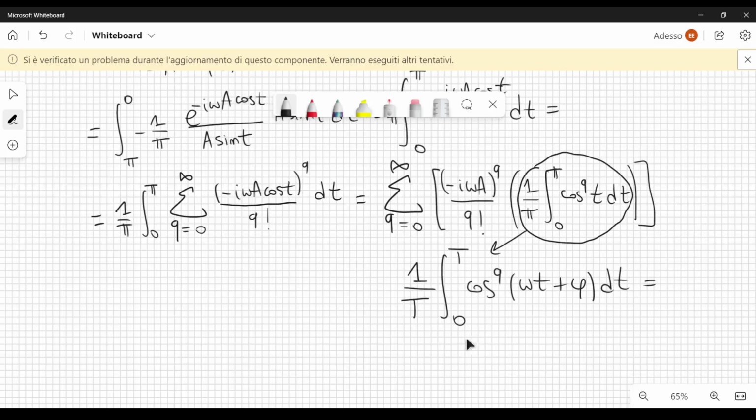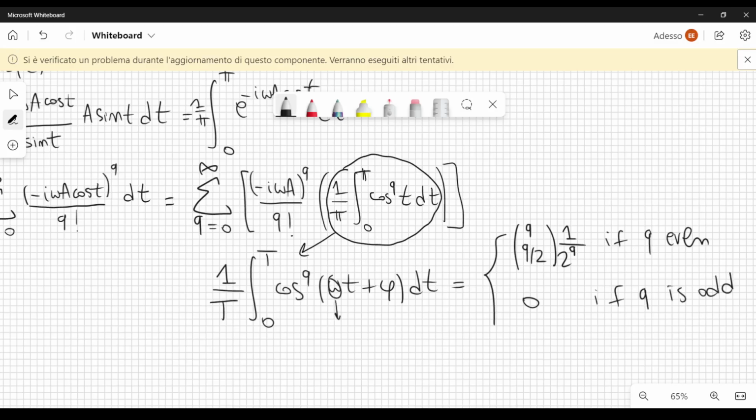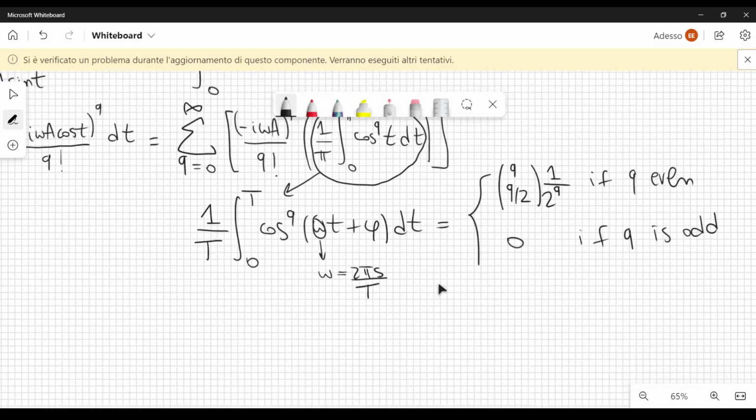Well, this is equal to the binomial coefficient q choose q over 2 times 1 over 2 to the power q if q is even, whereas it is 0 if q is odd. And remember that we defined omega as 2 pi s, some integer s, divided by capital T. And in the previous lecture, I have used k instead of q, but it's basically the same thing, right?